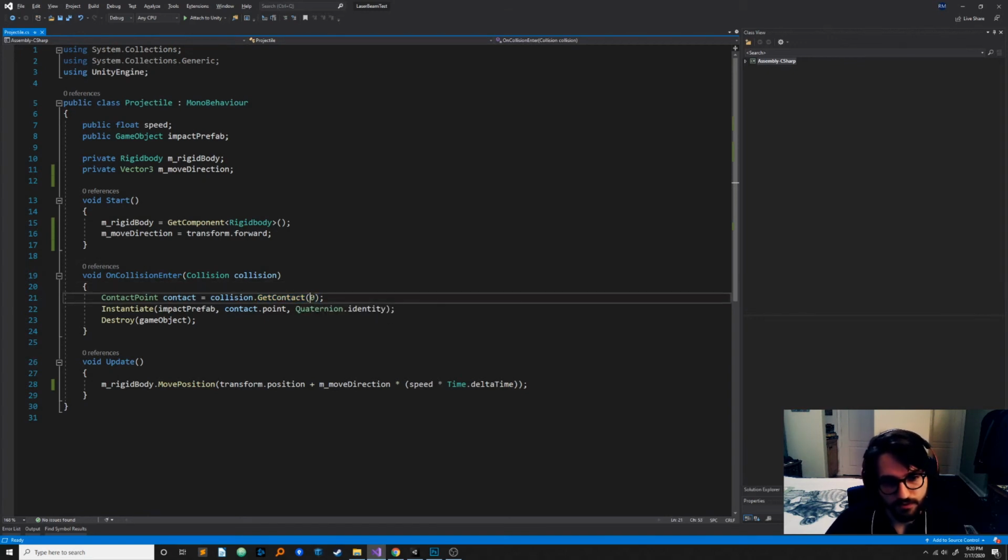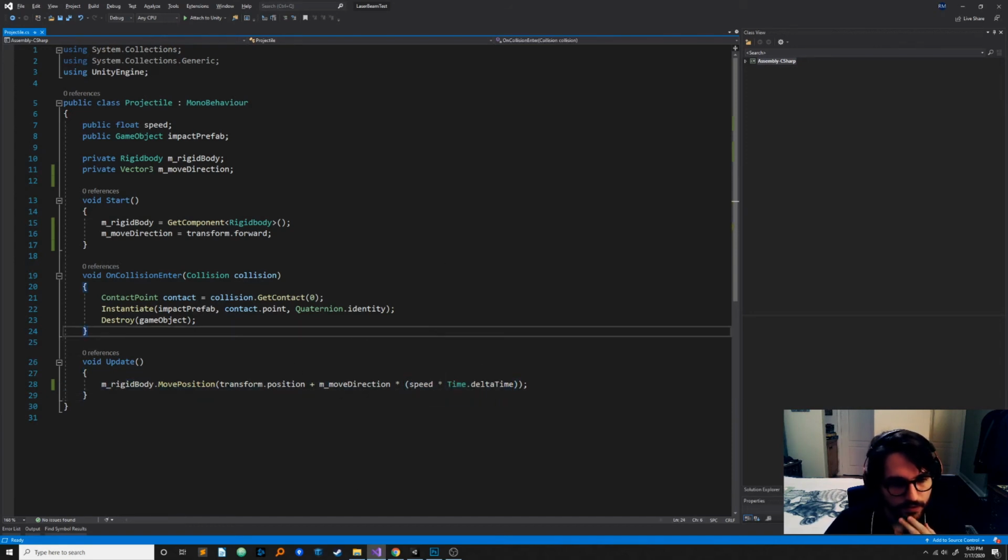We use the first contact point and instantiate the prefab there, giving it the identity matrix for the rotation, and then we destroy this current game object. Otherwise, it keeps moving, and we move the projectile based on the position, direction, and the speed multiplied by the delta time.